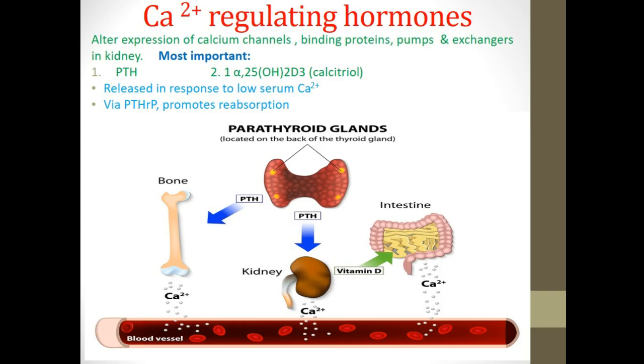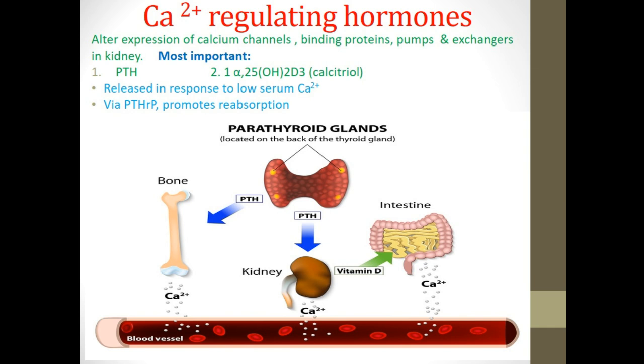So one such hormone is PTH, parathyroid hormone, which is synthesized by the parathyroid gland, located near the chest, just below the neck. This gland synthesizes the hormone PTH, and this hormone is going to regulate the calcium level in the blood.